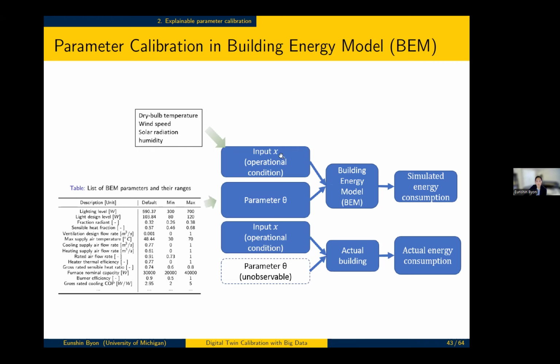With this input, we can run a simulation to get the energy consumption of a building. But in addition to this input, there are parameters. In the wind power system, we have one parameter, the wake decay coefficient. But in the building energy model, we have about 30 parameters. So when you have this large number of parameters, calibration is not very easy.